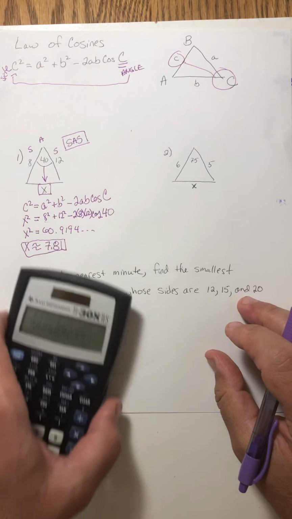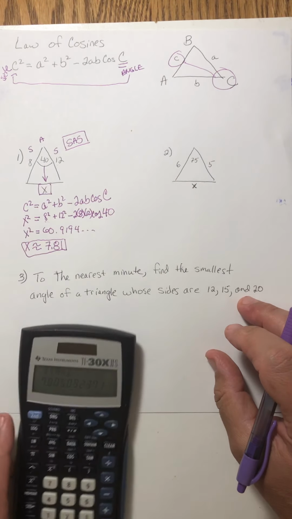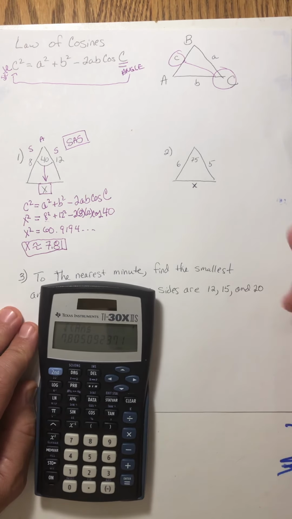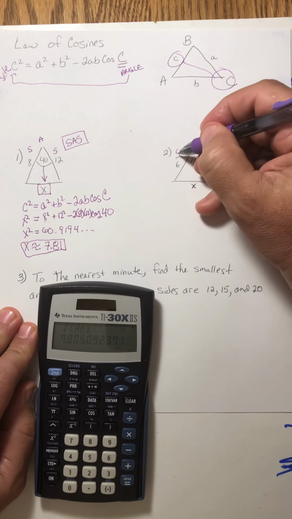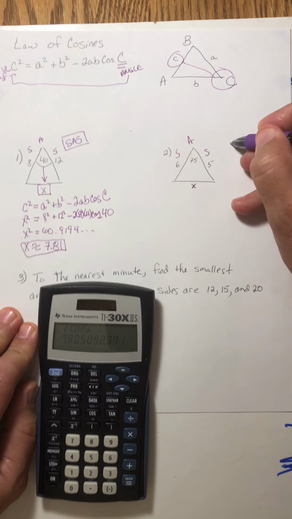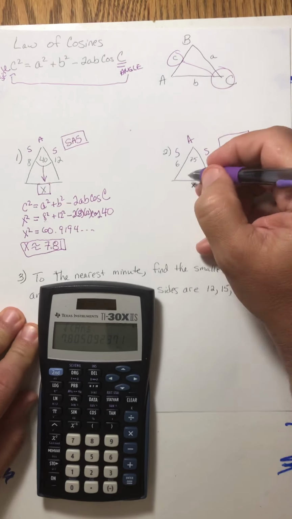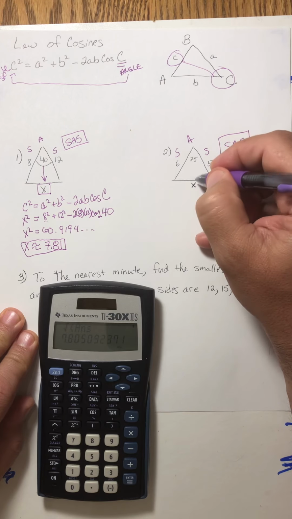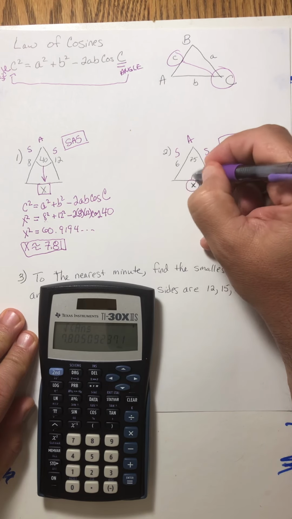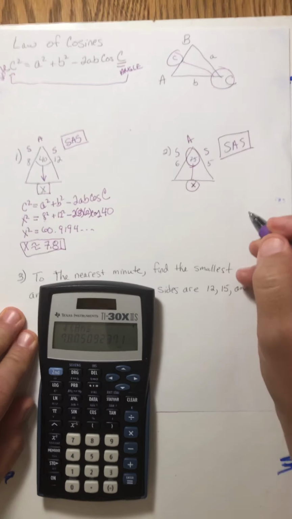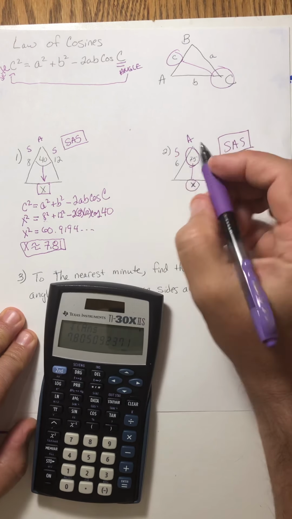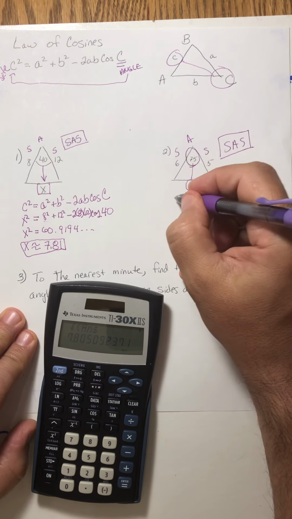Question number 2. This is the exact same format. We have the same information. Side, angle, side. And we're finding the side that's across from our angle. So again, x squared, x goes on the outside of the formula.